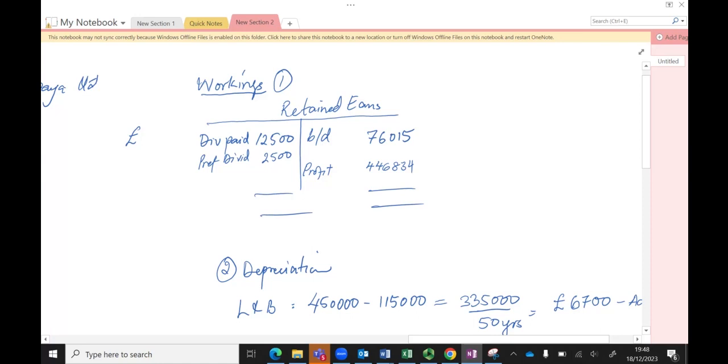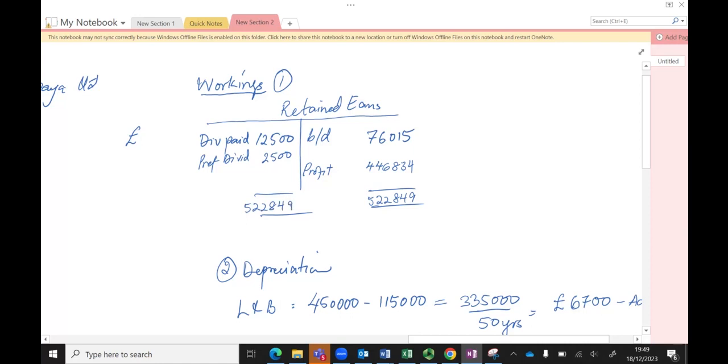Let's find out what is the closing balance. The credit side is heavier, 76,015 plus 446,834. So the total is 522,849.